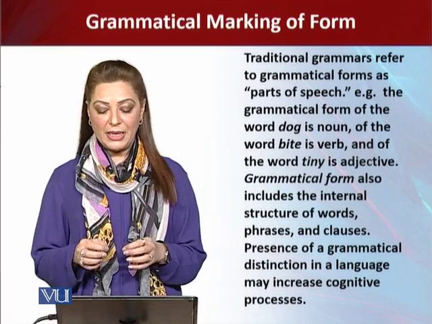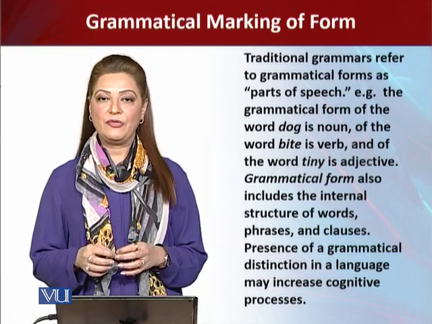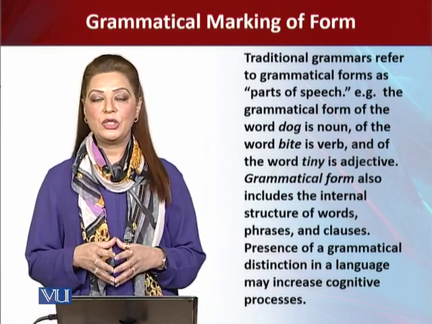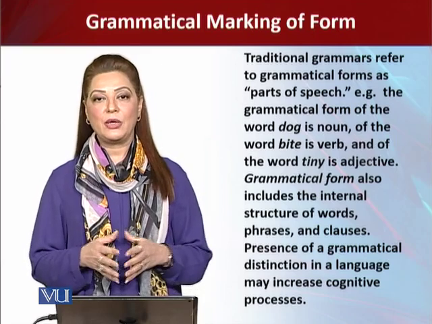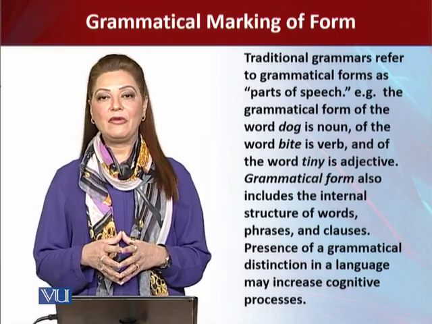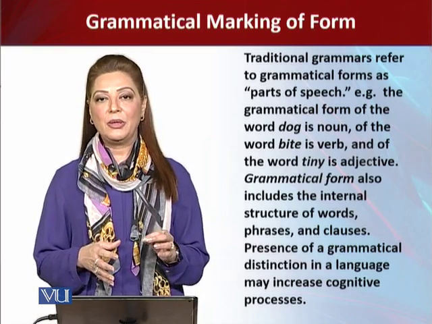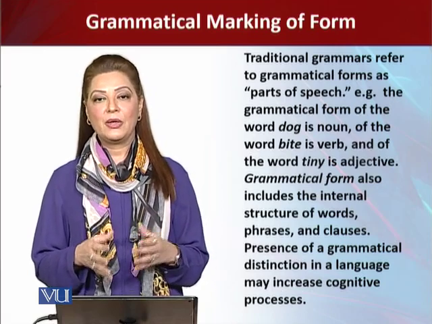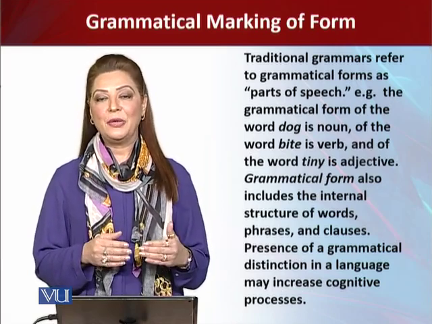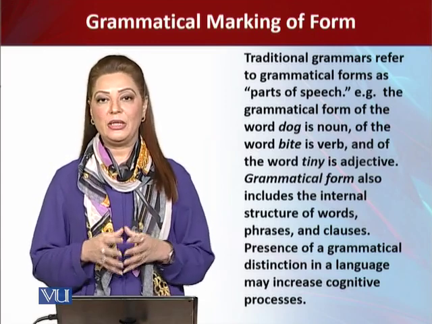Now, what we mean by grammatical distinction, the interesting example is that of Navajo, which is a Native American language, where they have different types of words to be used for objects. The verb which is used to handle the object varies with the form or shape of the object.